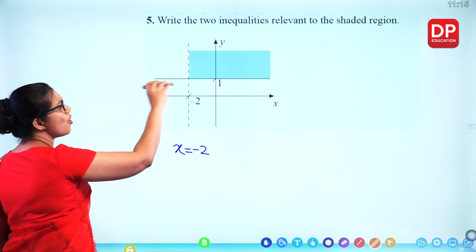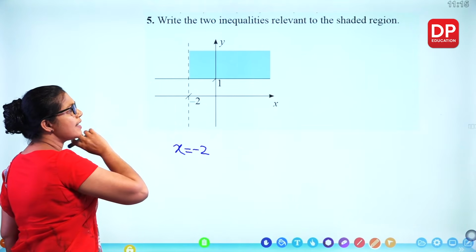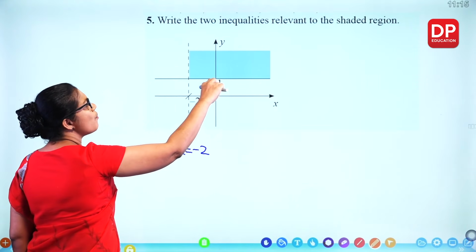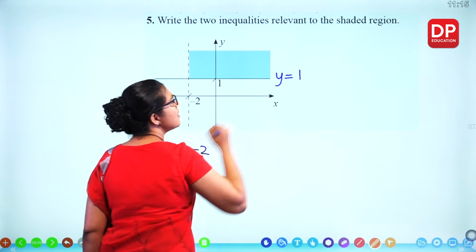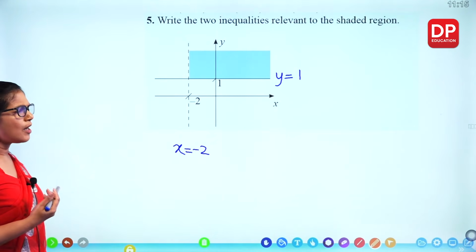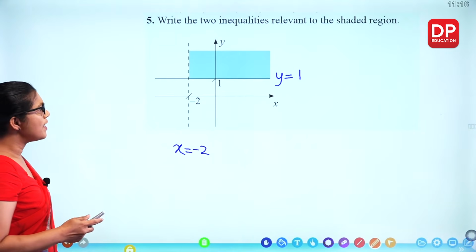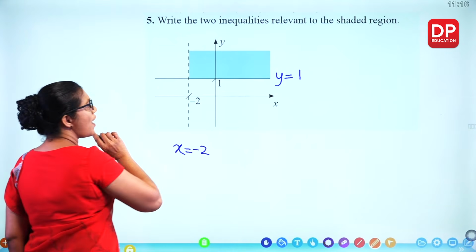What about the horizontal line? The horizontal line passes through the y value 1. We can write this as y equals 1. Now we need to identify which region satisfies both.